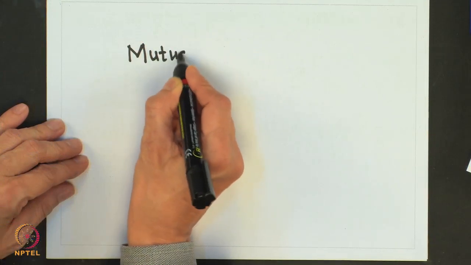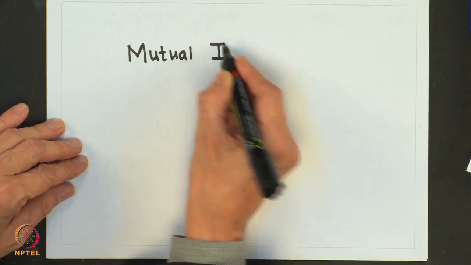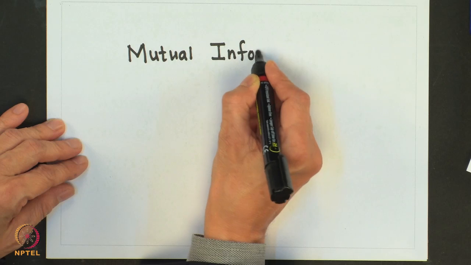That symbol gets transmitted on the channel and then you observe the output of the channel. Now, by looking at the output of the channel, I am supposed to know what transmission took place on that channel. Right? So, this is the concept of mutual information.